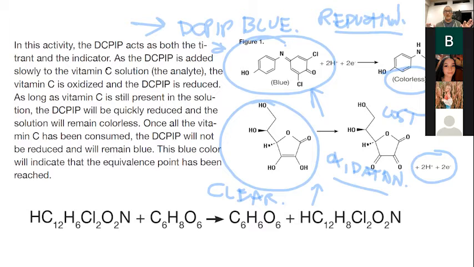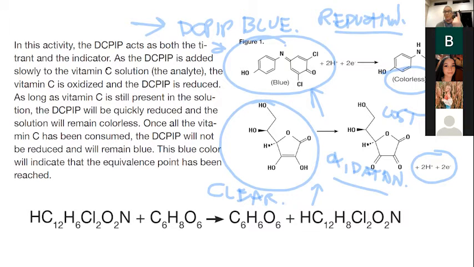And the oxidation reaction stops when there is nothing left to oxidize. So when the solution remains blue, that means no more reduction is taking place. Why? Because all of the vitamin C has been oxidized.